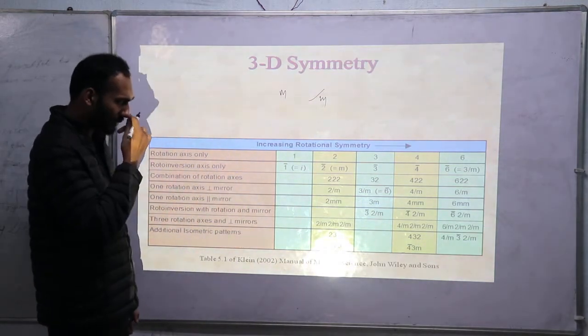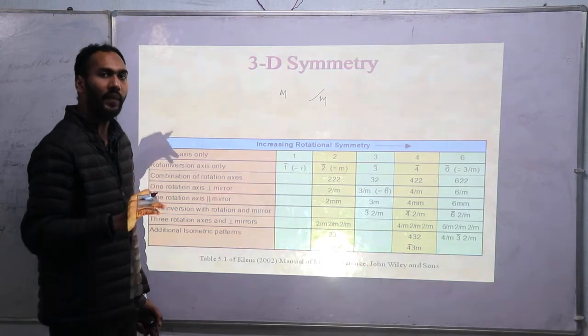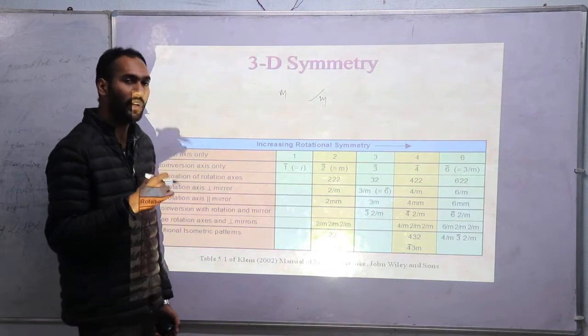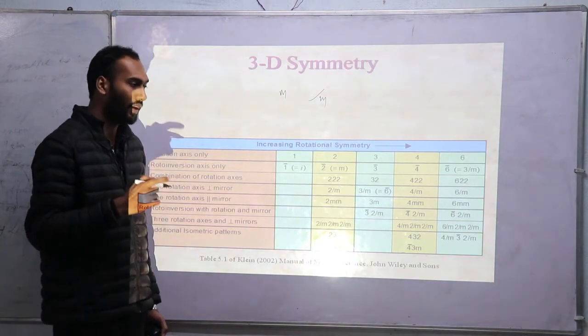People are getting confused like this, but I will say m means perpendicular mirror to that position. In which position is it? It is perpendicular to that position.